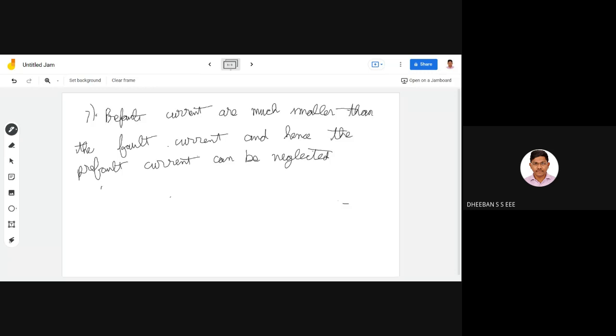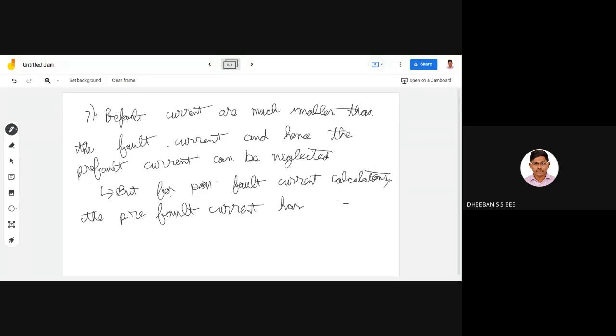But for post-fault current calculations, the pre-fault current has to be considered. So these are the assumptions regarding your short circuit analysis.